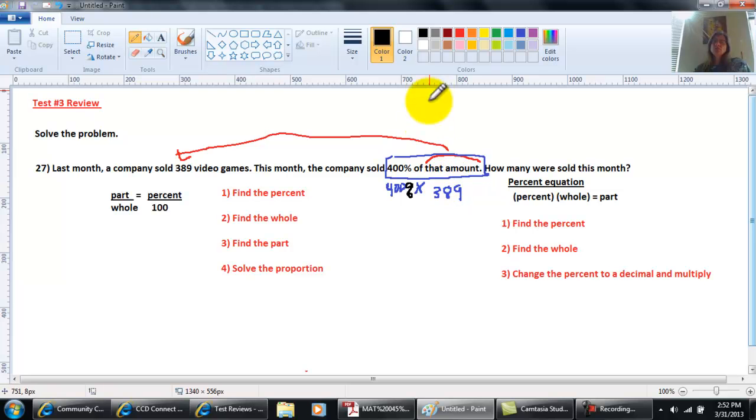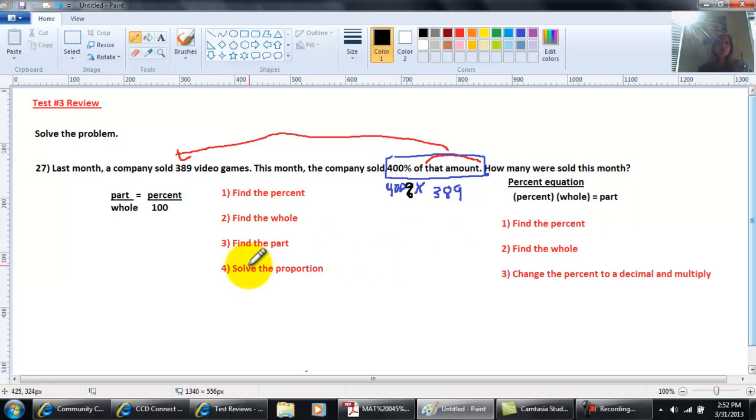If that is confusing, you can use the percent equation, which is simply percent times the whole equals the part. You would find the percent, find the whole, and when you multiply, because that's what the equation is telling you to do, make sure you change the percent to a decimal before multiplying to get your part.